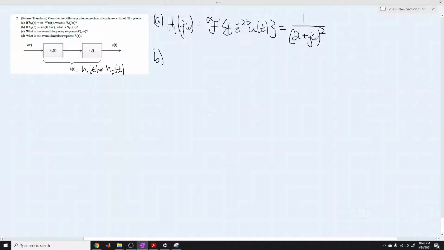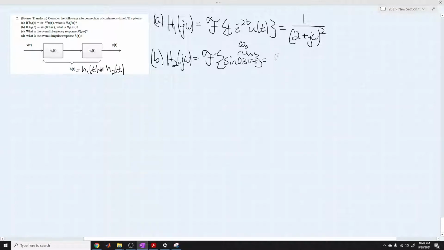Part B, we want to know big H sub 2 of j omega, and that's the Fourier transform of sine of 0.3 pi t. So this right here, 0.3 pi is omega naught. And you can just, again, use the table.